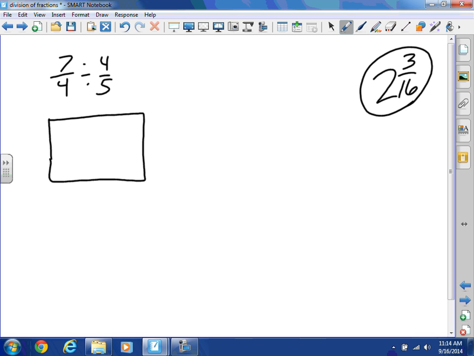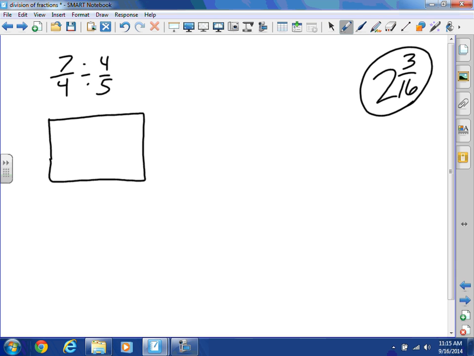Now this is really hard to get. And this is the first time I've ever taught it to a group of students this way, because this is what the Common Core is going to ask you to do. On the state test, it's going to give you this problem, and you're going to have to be able to draw it if you want to be successful.